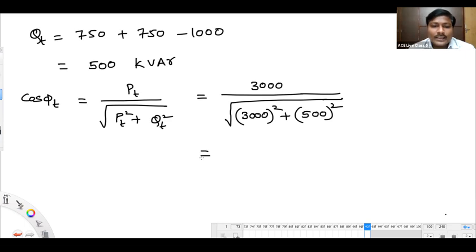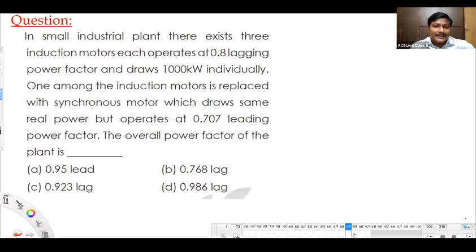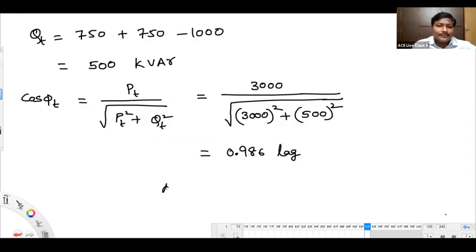The power factor is 0.986. Is it lagging or leading? Lagging only, because the overall plant is absorbing reactive power of 500. So 0.986 means option D is correct.